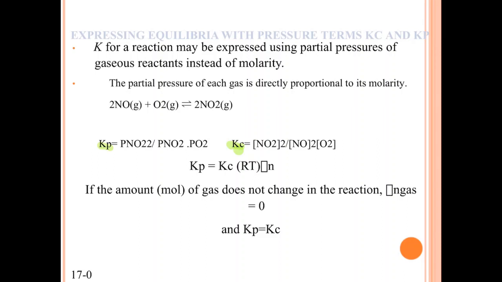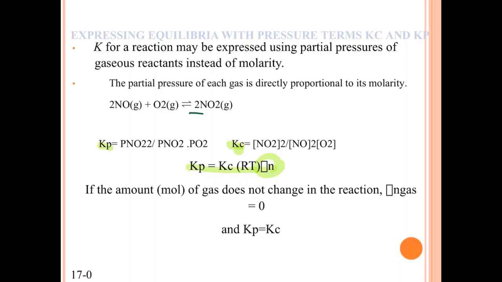If the information given to us is concentration, after we calculate the value of Kc, then we can convert it to Kp by using this equation. Kp is equal to Kc RT to the power of delta N. The delta N means the difference in the number of moles of the reactant and product.